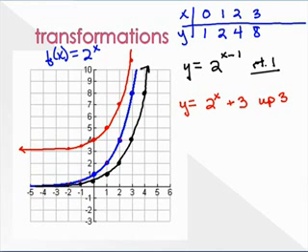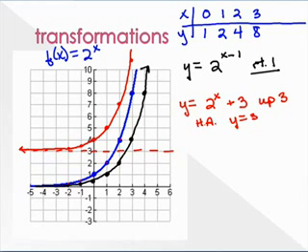Okay? And once again, we have a horizontal asymptote on this one. Instead of the x-axis, it's at y is equal to 3. So it's getting closer and closer to this line instead of the x-axis, because everything is shifted up 3.